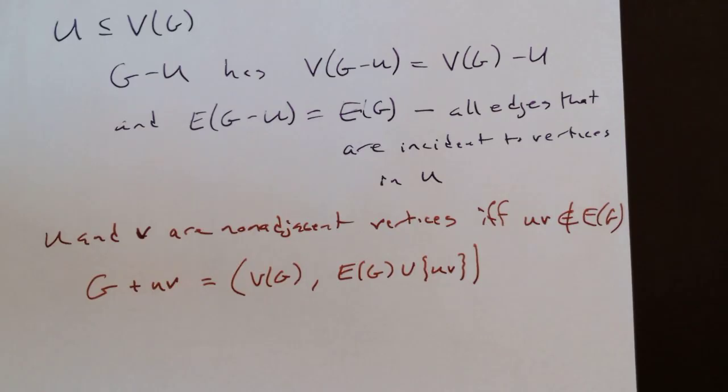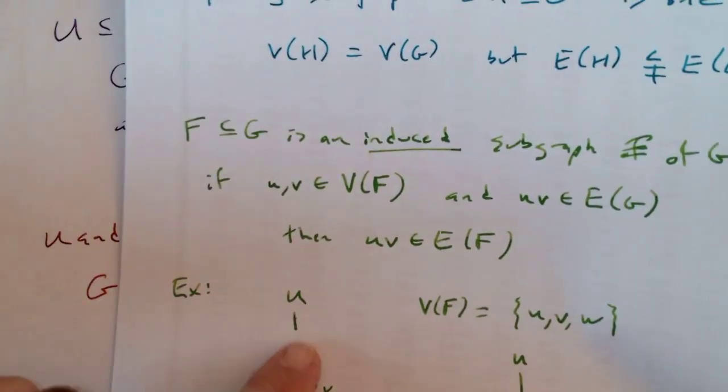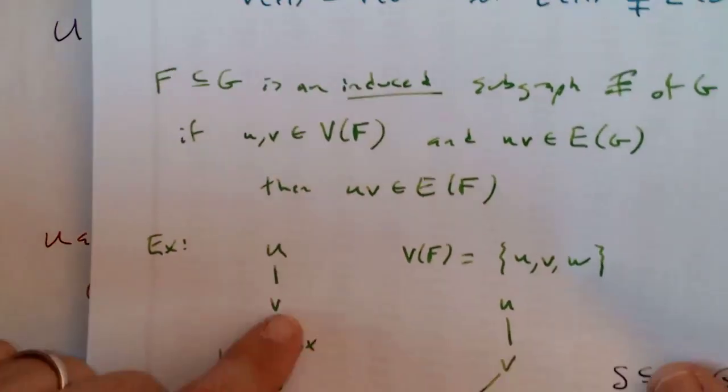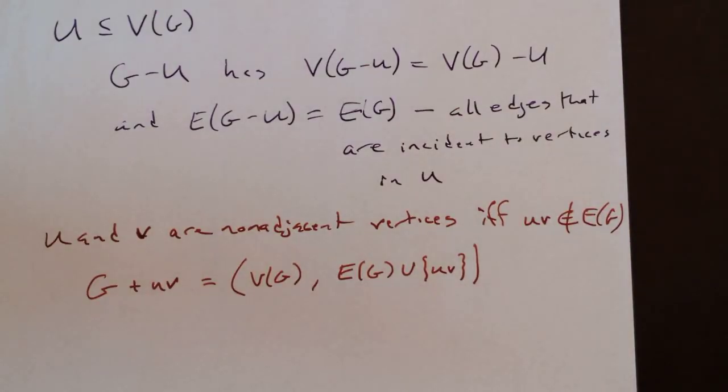So the picture we had earlier, I could say what I'd like to do is add the edge, I don't know, UX. And that would give me a bigger graph. It would have a larger size, wouldn't have a larger order. Order is the number of vertices, size is the number of edges.